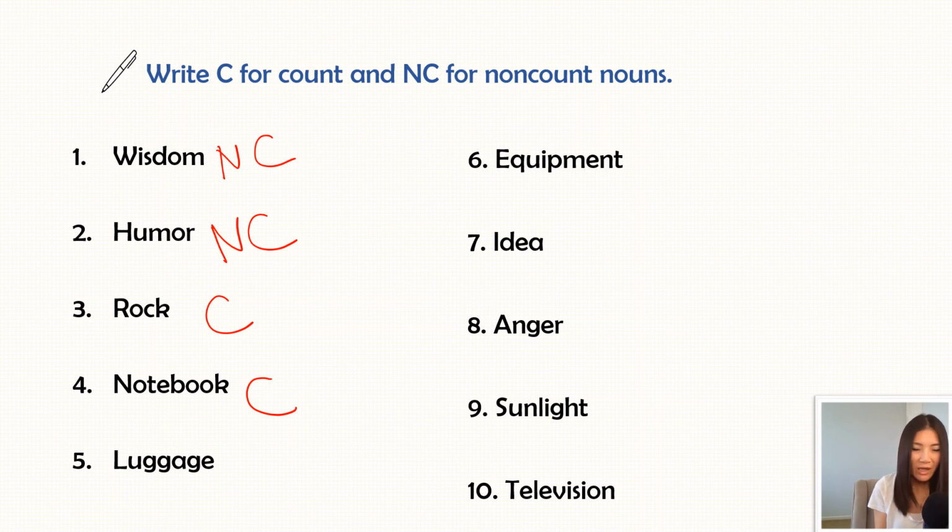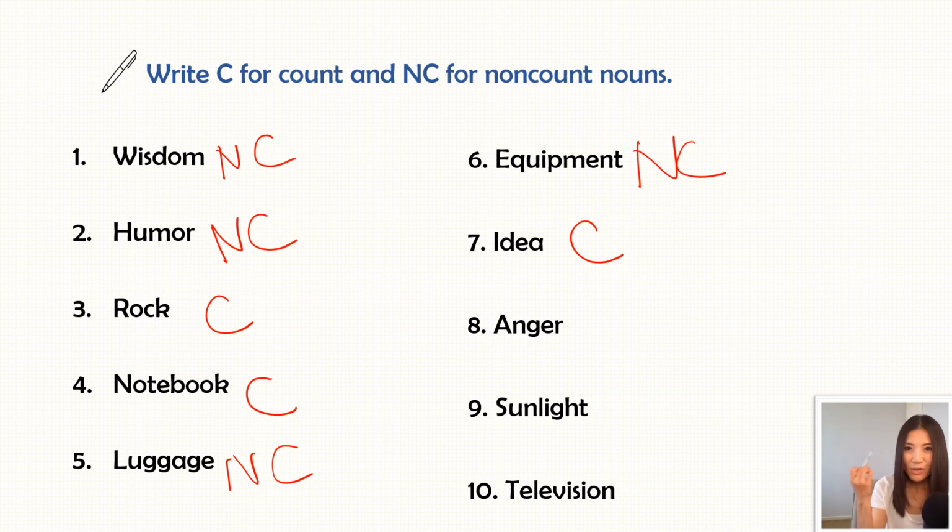Number 5, luggage is actually non-count, which I think people find confusing, but we wouldn't say 5 luggages. We would say 5 pieces of luggage. So it's a non-count noun. Number 6, equipment is also non-count. Number 7, idea, is a count noun, which is strange, right?